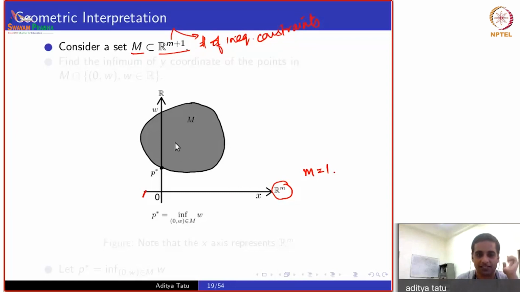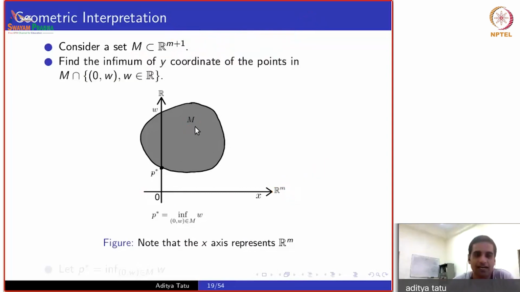Once again, consider this set M as shown in this picture, this entire shaded area. I want to find the y coordinate of the point which is in set M but also lies on the y-axis.